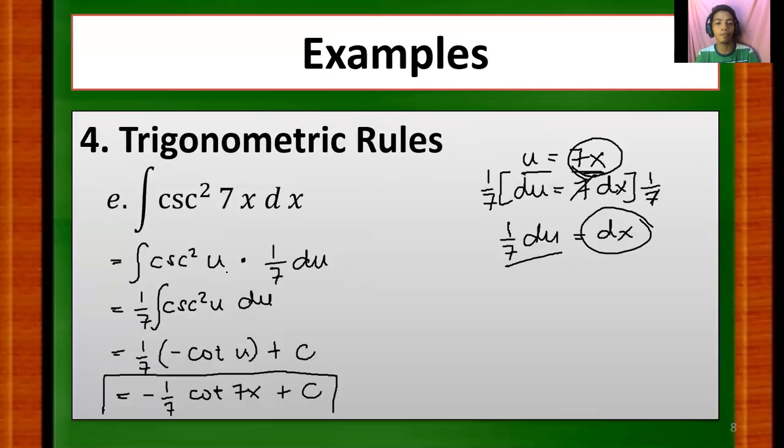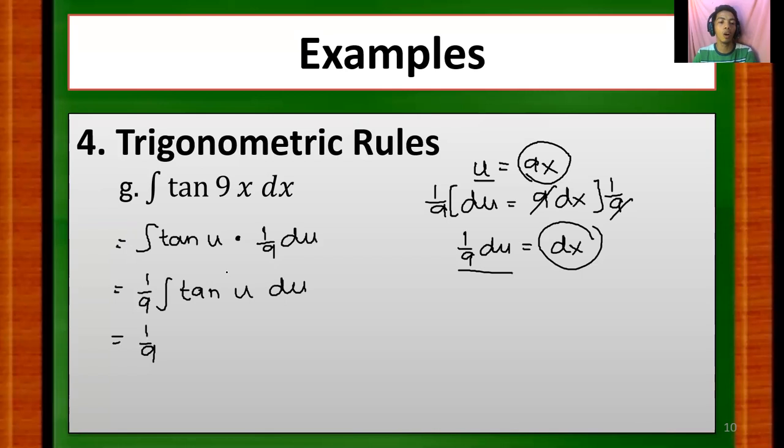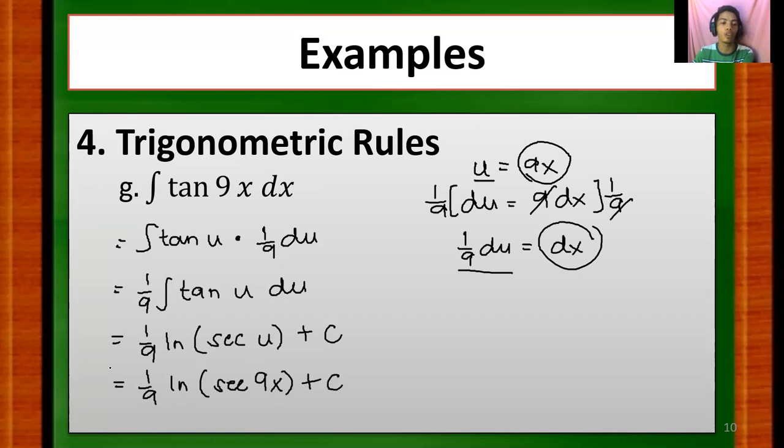So we will have 1/9 ln of secant u plus c. So I will have 1/9 ln of secant, ano ba ang ginamit natin na u? 9x, and then plus c. So therefore, the antiderivative is 1/9 ln of secant 9x plus c.